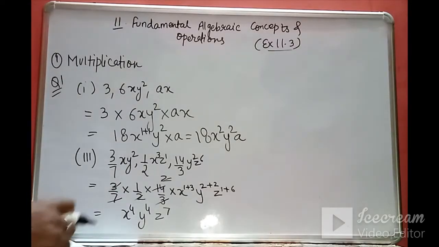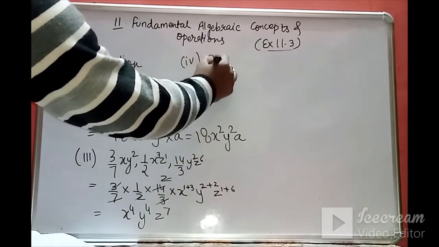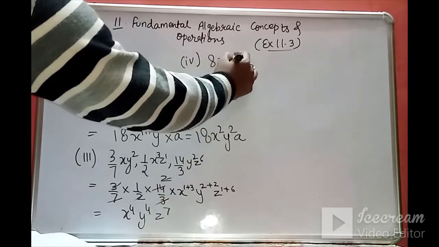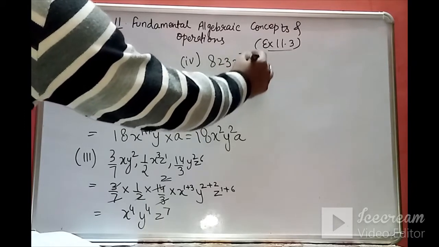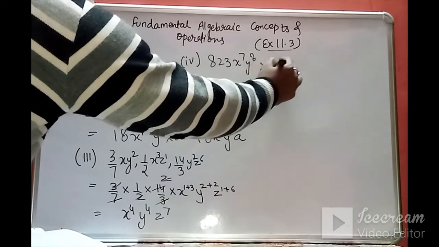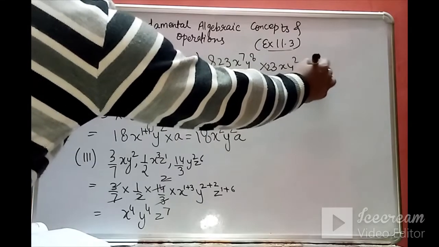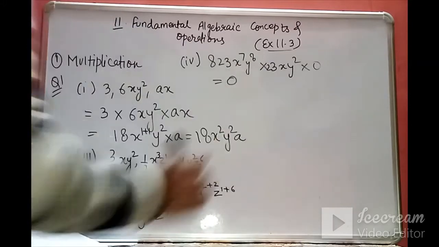these products of algebraic expressions. And suppose you get something like this, 823 x to the power 7, y to the power 8 into 23 x y square into 0. So our answer will be 0. Why?